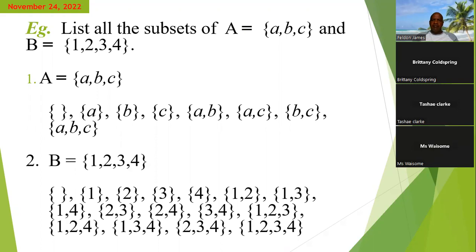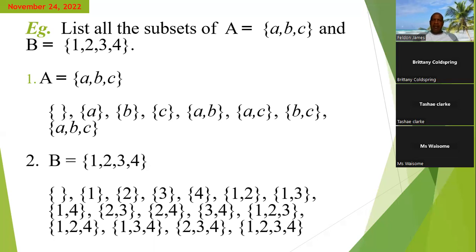24, sir. 24. And what would make you come to that conclusion? Do you see a pattern with the numbers? Yeah, each time you have an extra number in a set, you add 8 to the previous number.